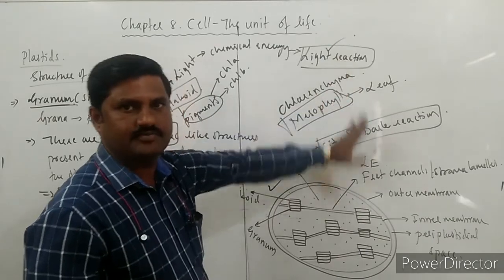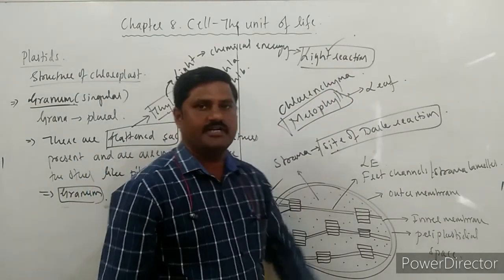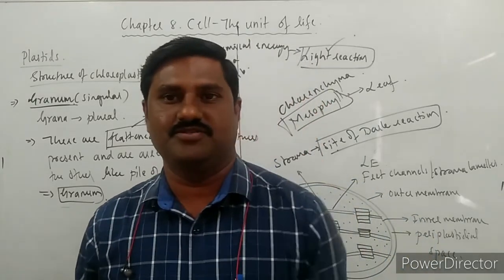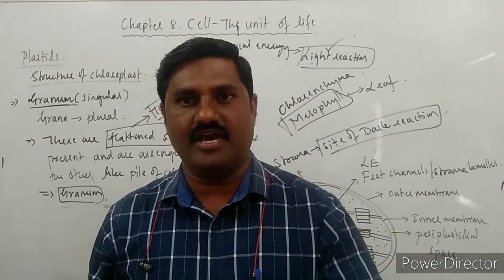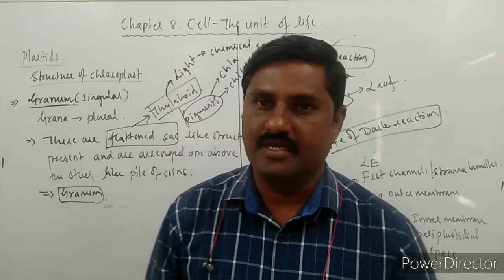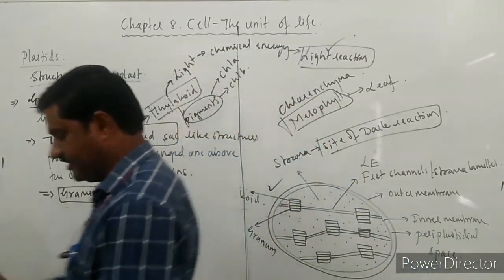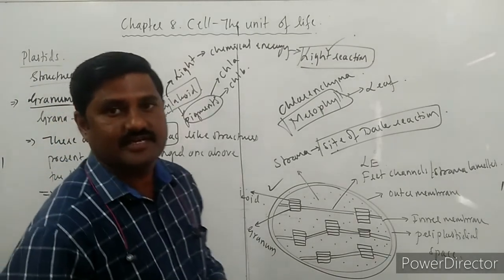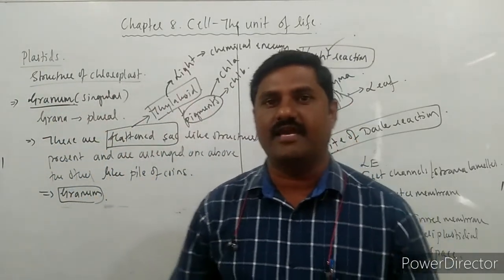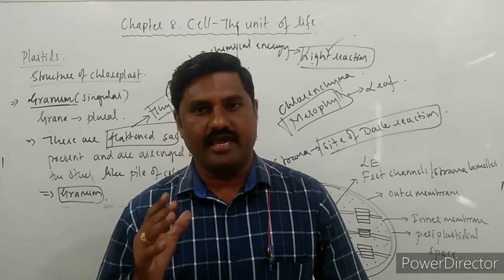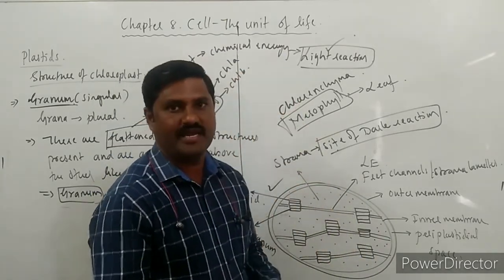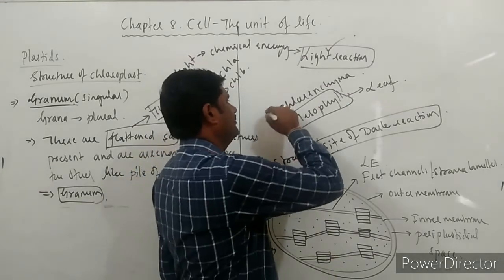It is not only present in mesophyll tissue, it is also sometimes present inside the stems. We have gone through the anatomy of a stem, where the cortical cells sometimes contain chloroplasts and help in photosynthesis. So that parenchyma is also called chlorenchyma.